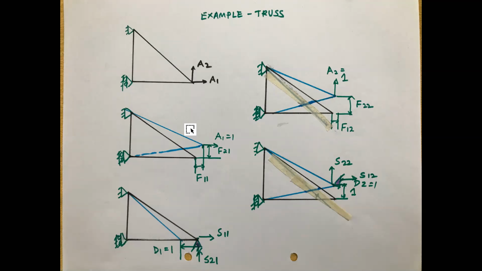So what will happen? Let's say we want to generate the flexibility coefficient. So what we do, one by one, we apply unit load to generate the flexibility coefficient. So corresponding, again, I am emphasizing the words corresponding displacements and corresponding forces. So let's not bother about other places.